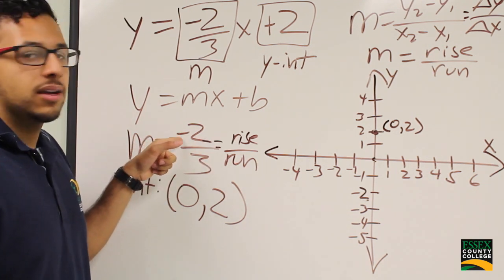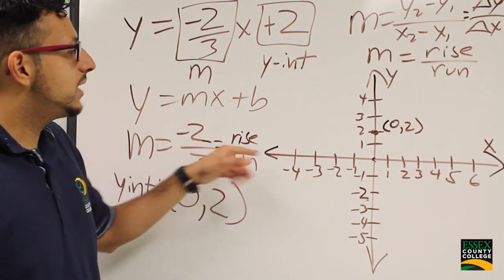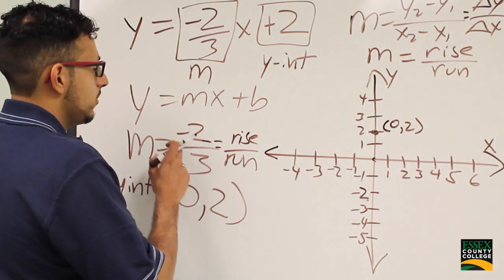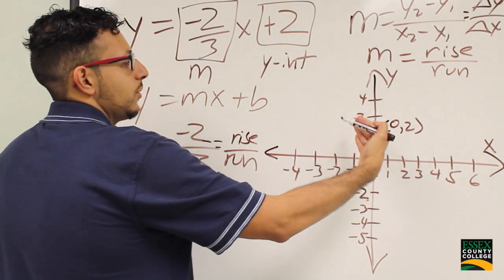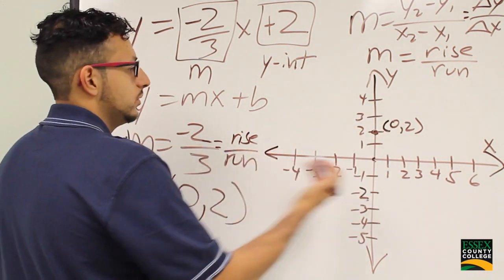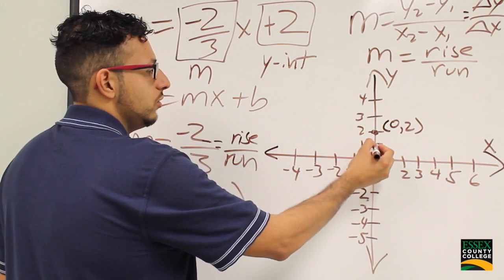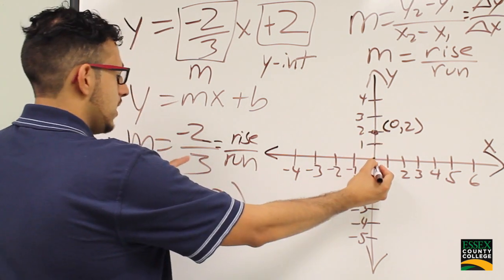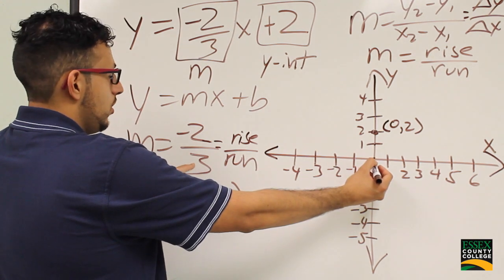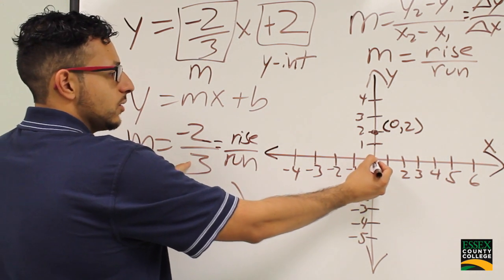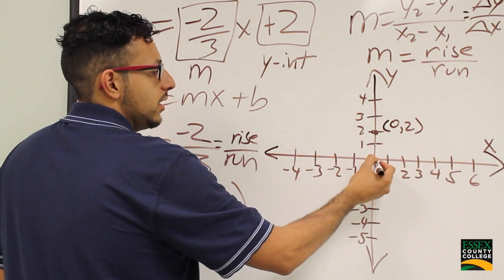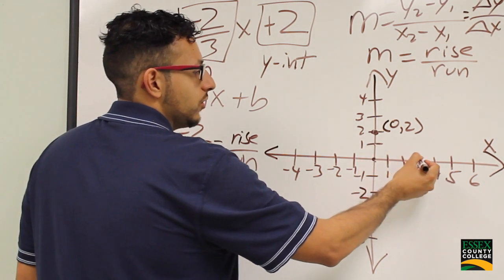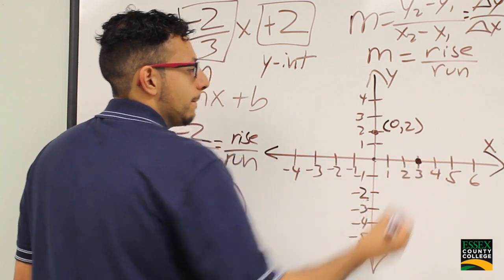Rise means to go up, but when we see negative, that means we're actually going to go down. So from here we go down 2, 1, 2, and then we run 3. The run is positive, so we go to the right 3: 1, 2, 3. And that's the next point.